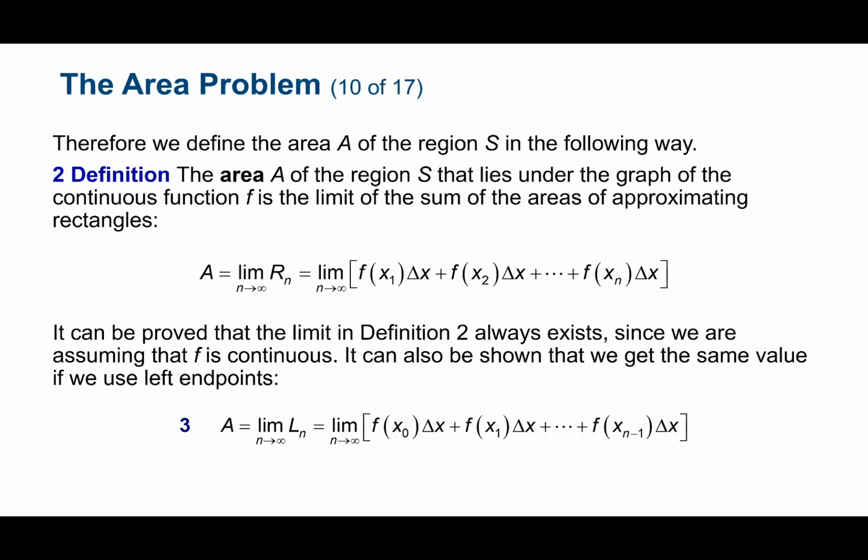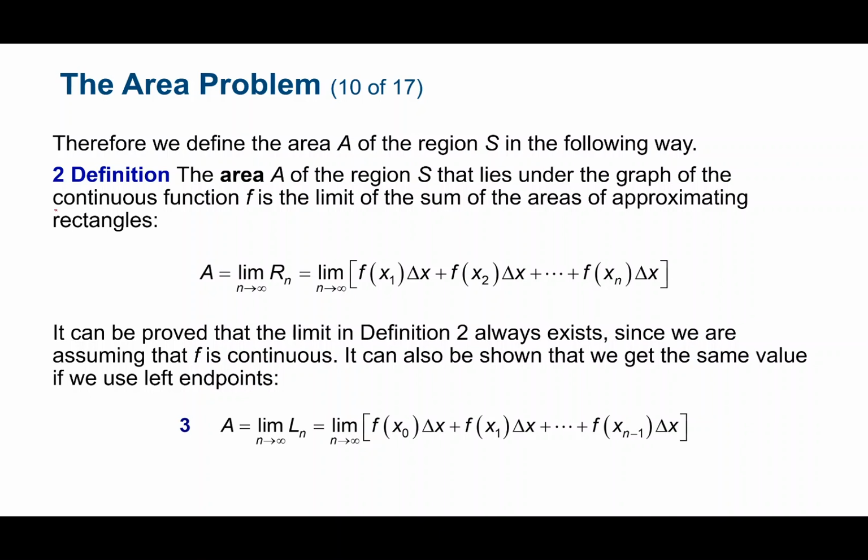And we could write our two limits like this. So we've got the limit of our right endpoint rectangles, and that's just this. The limit of our left endpoint rectangles, that's just that. So we're defining here the area of S, the region under our curve, under our continuous function f.